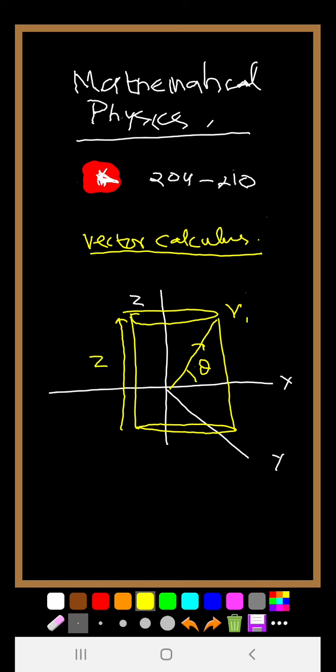So r, theta and z. By variation of this r, this theta and this z, we actually create this cylinder. So it's a cylindrical coordinate system, r, theta and z. Similar to that, we can have a spherical coordinate system as well.